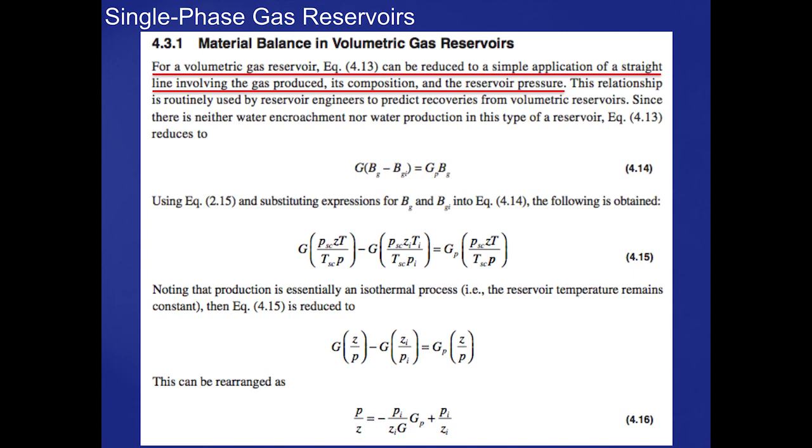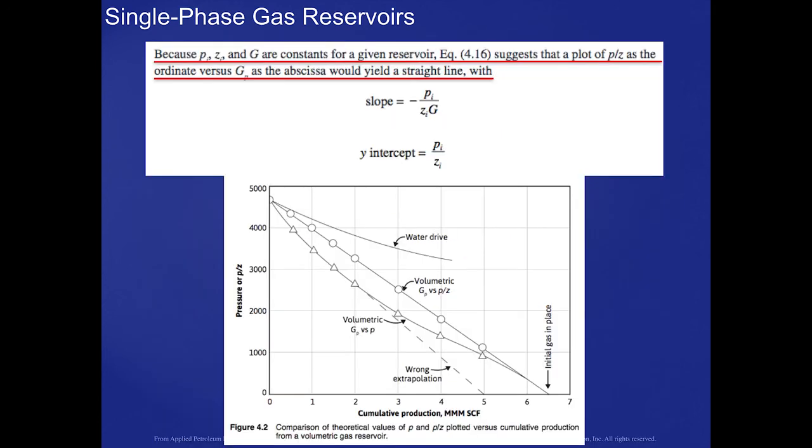We'll end up with equation 4.16, which suggests that if we made a plot of P over Z versus G sub P, the gas produced, we would see a straight line, with the slope being minus Pi over Zi G and the intercept being Pi over Zi. You can see on this slide a depiction of that kind of situation.